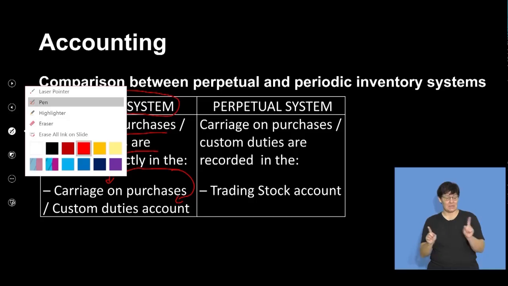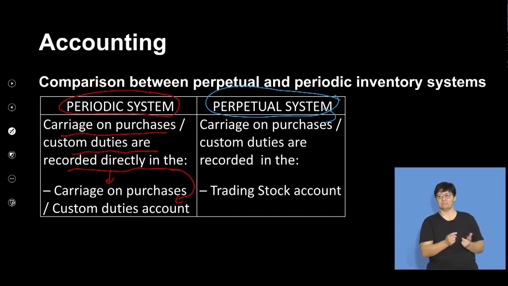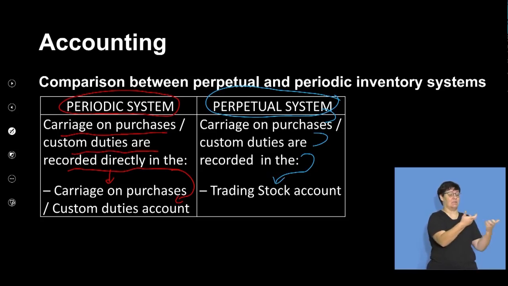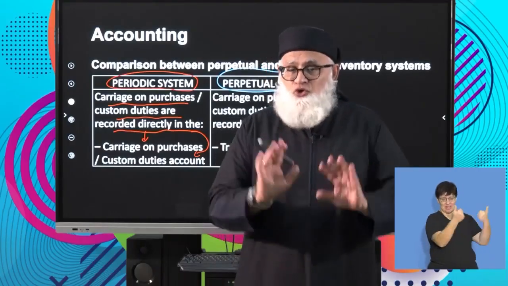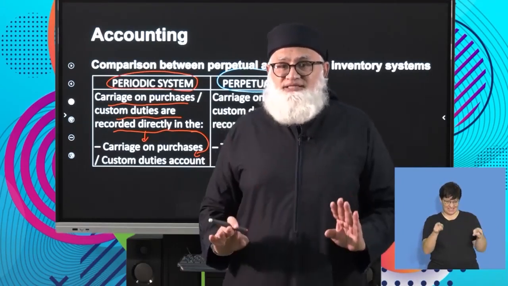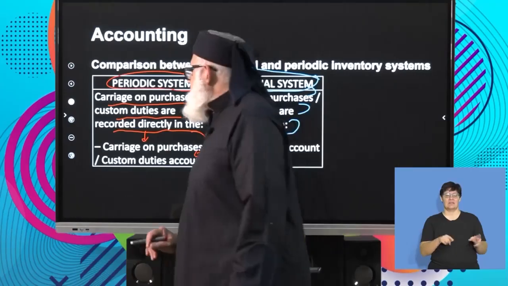However, when you're dealing with the perpetual system, notice carriage on purchases and customs duties are all recorded in the trading stock account. In other words, you don't keep a separate account for these expenses on purchases. All of them go into one account, namely the trading stock account. So another distinct comparison between the periodic and the perpetual.